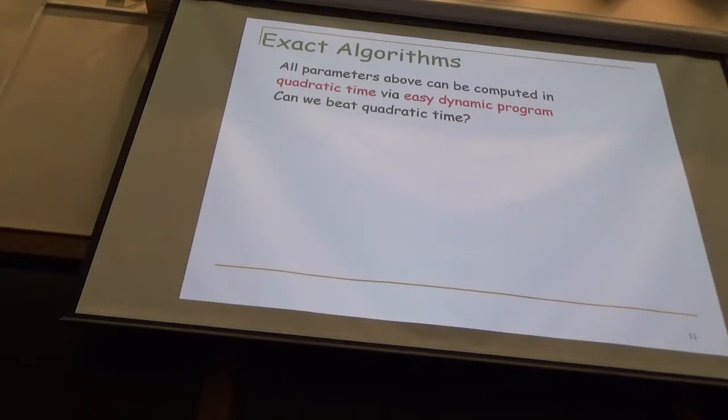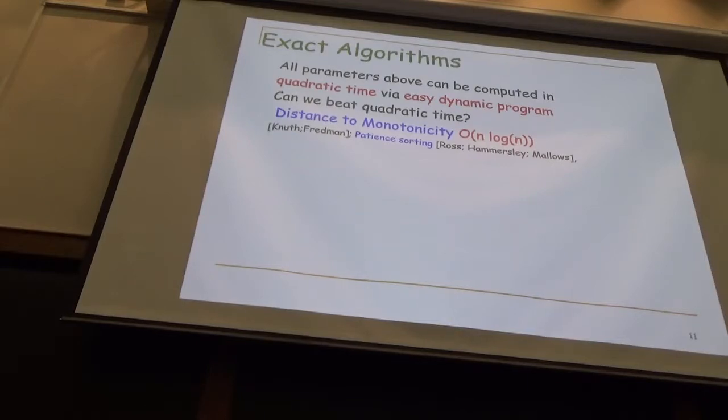And a natural question that has been studied for a long time on these problems is, can it be better than quadratic? So for distance to monotonicity, there are two papers from the 1970s which show that you can actually beat quadratic time, with n log n. So again, the distance to monotonicity is on a single string.